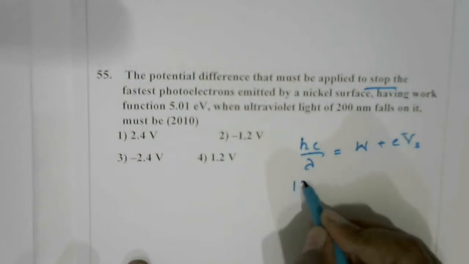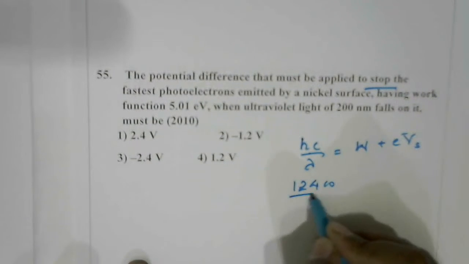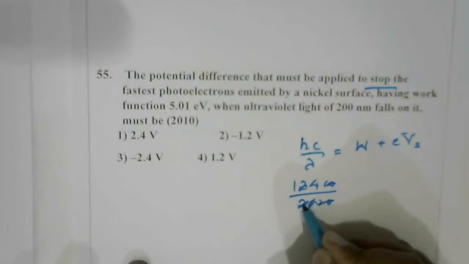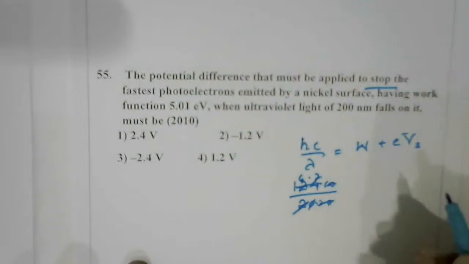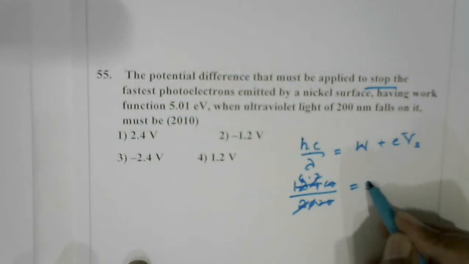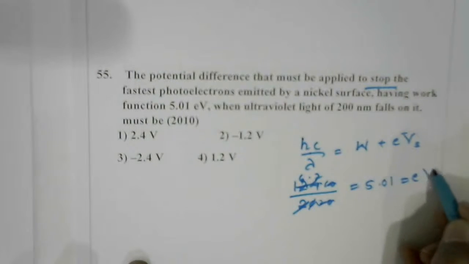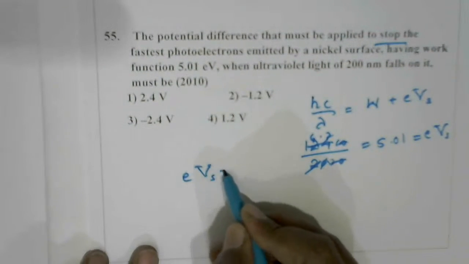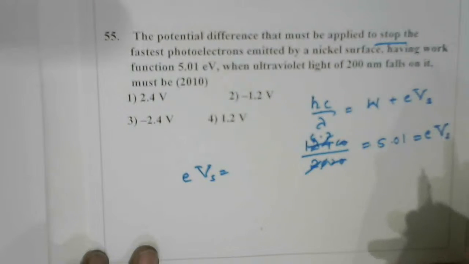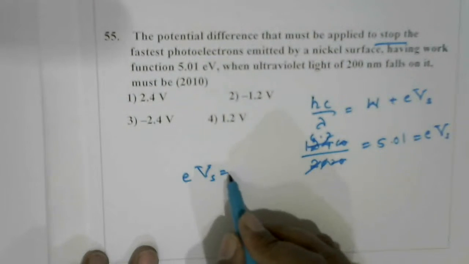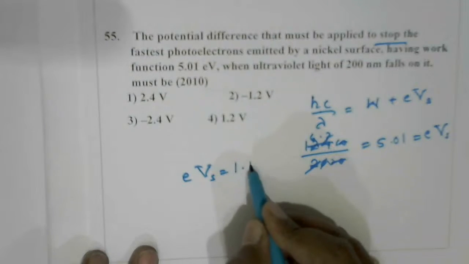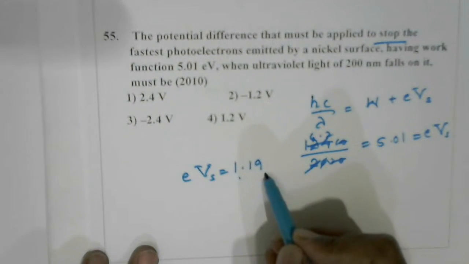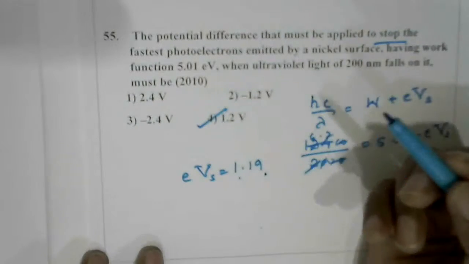You can take 12,400 divided by 2000, so 12.4 means it becomes 6.2. So 6.2 minus 5.01 gives eVs equal to 1.19, nearly equal to 1.2.